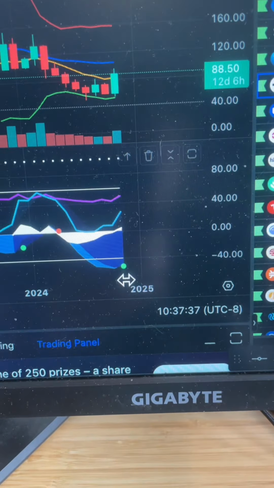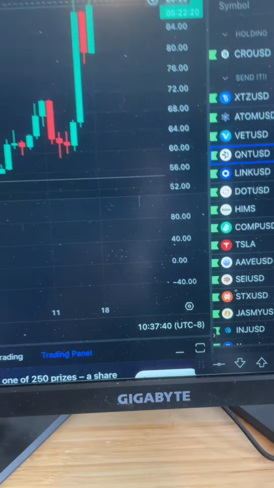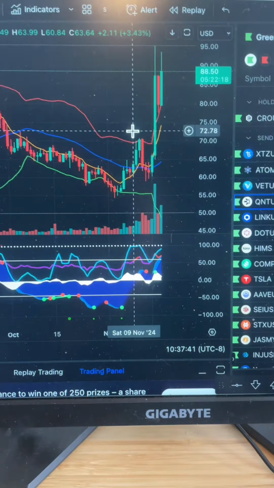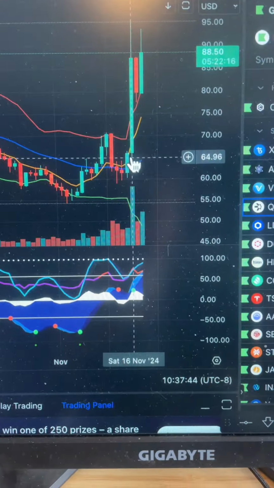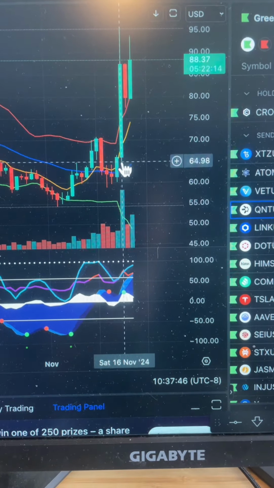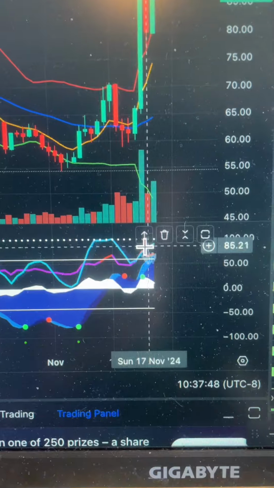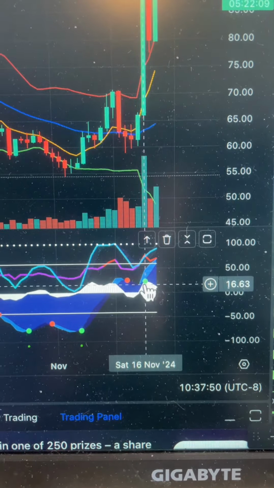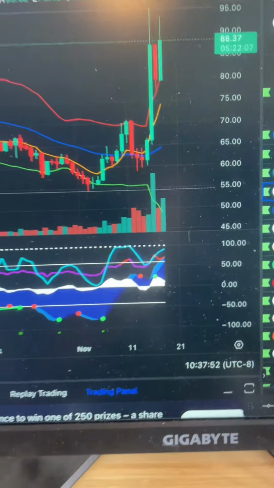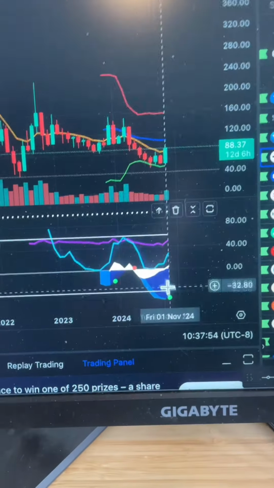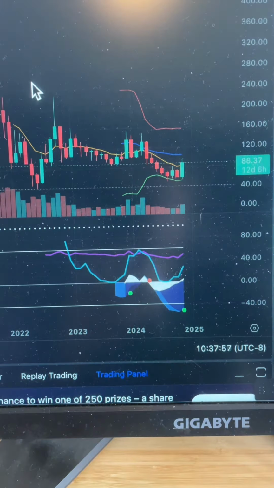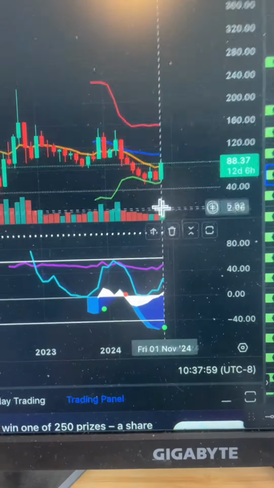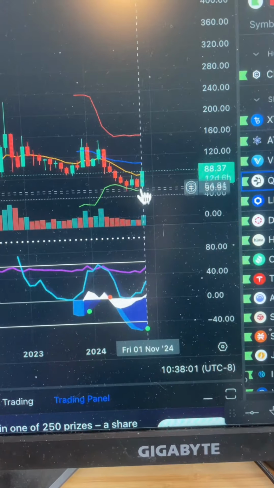So when we see this dot appear on the monthly, what we want to do is zoom into the daily, okay? And I think this dot actually came right here on this big, huge candle, and this is why I'm making this video. Okay, so the green dot on the daily and the monthly came at the same time. So what we want to do when we see the monthly alert is zoom into the daily, because one of these candles right here is a month's worth of time.